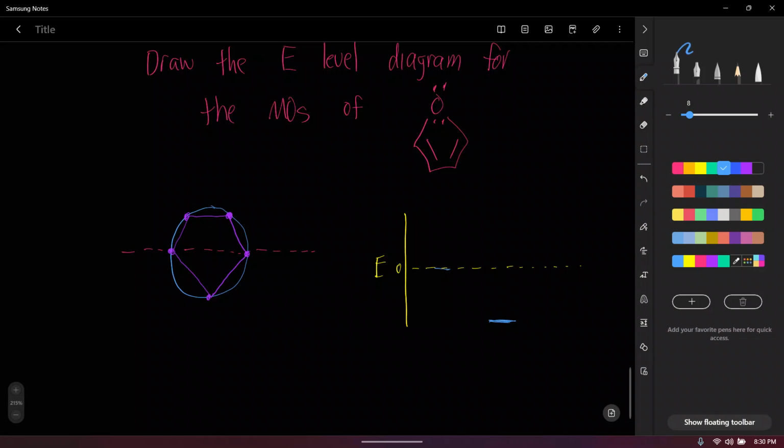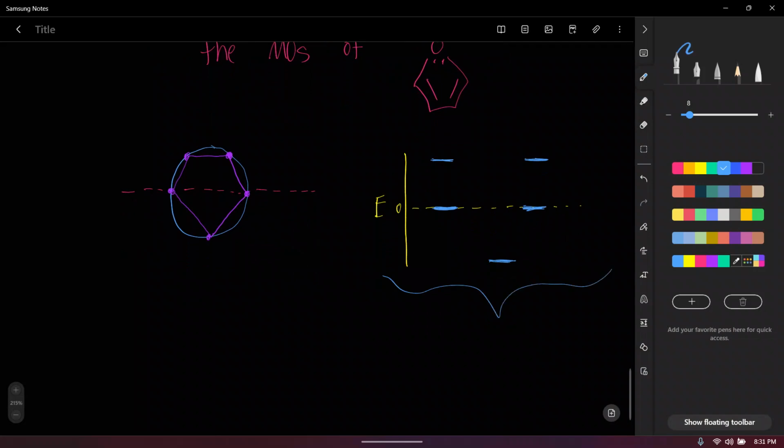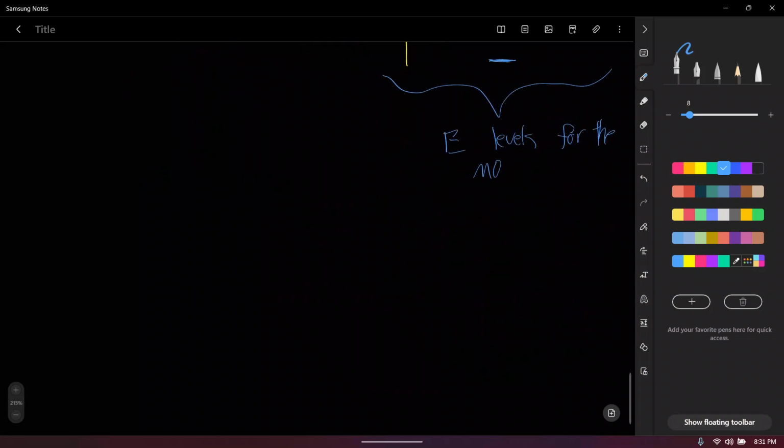Actually, it looks like they're exactly on the energy equals 0 line. And then I would have 2 orbitals above the energy equals 0 line. So this would be the energy levels for the MOs of furan. Hopefully that makes sense.